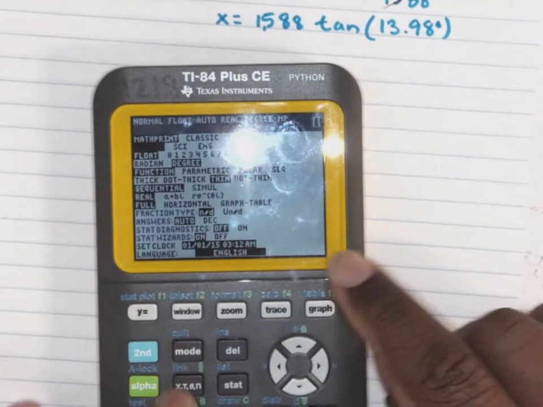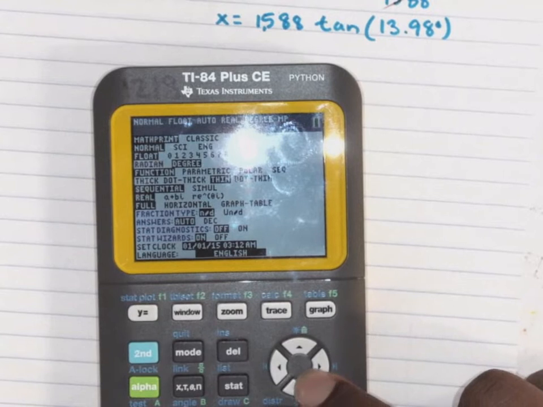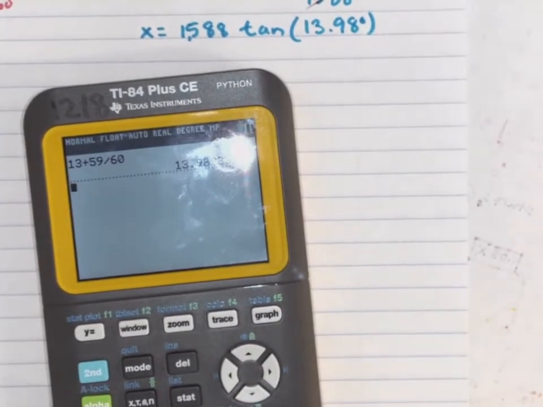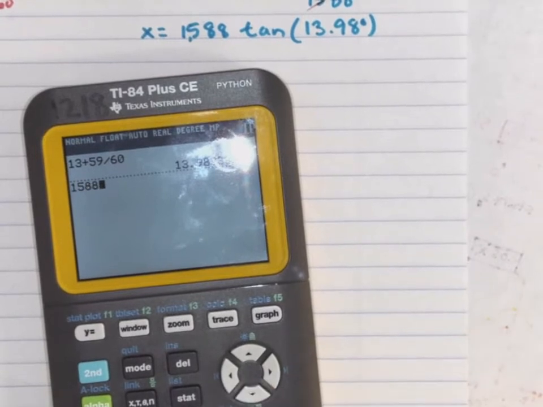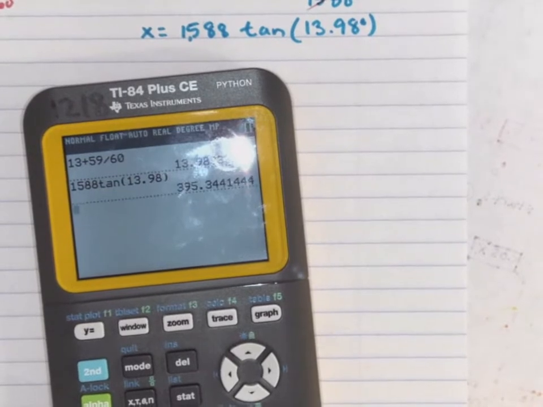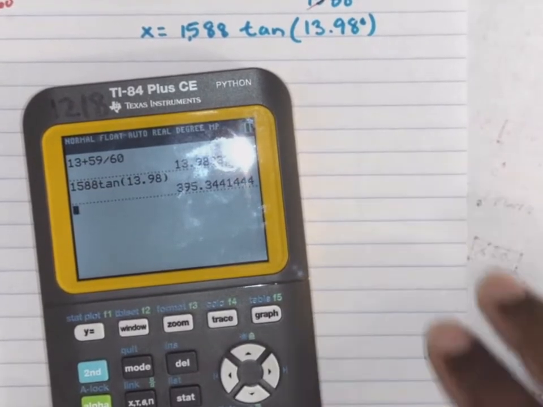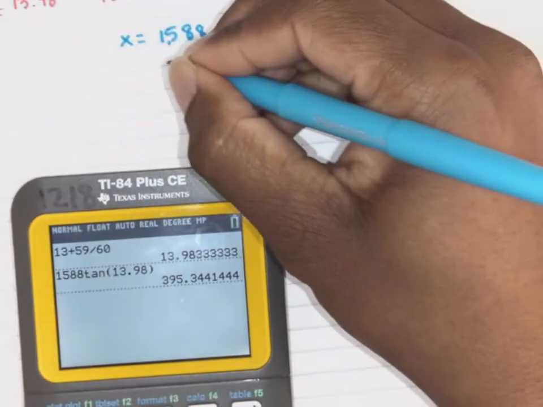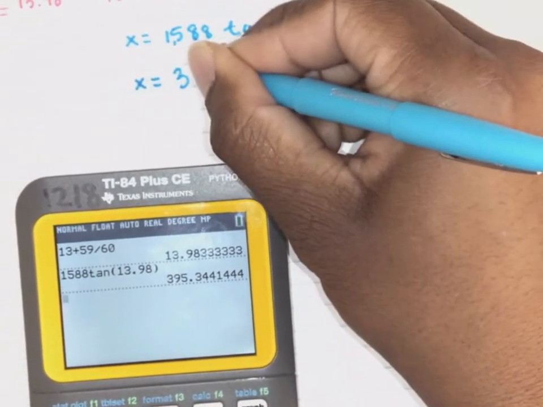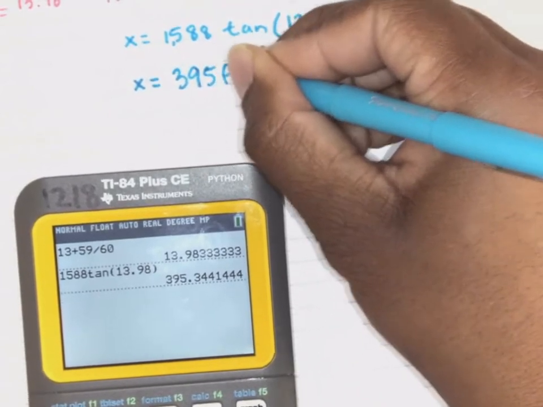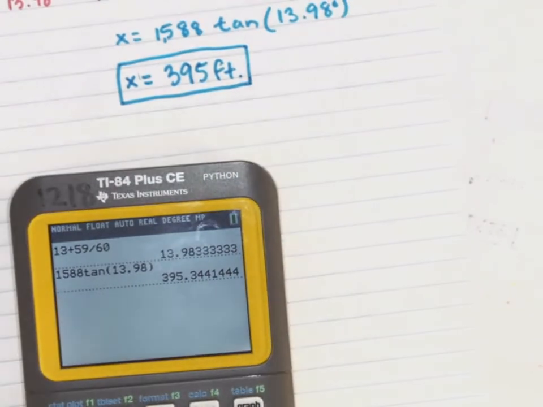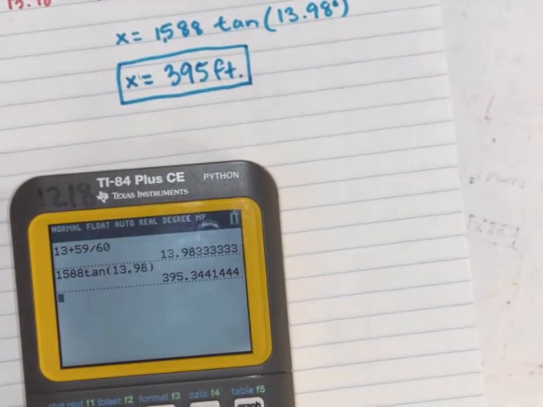If yours isn't, or if you need to check on these calculators, you hit the mode button, you go over to degree, you press enter, and now it's in degree mode. So I'll put 1588, hit the tangent button, 13.98 degrees, and I see that the approximate foot to the whole number is where x equals 395 feet approximately. That's how far it is to the bottom of the cliff, to the edge of the cliff.